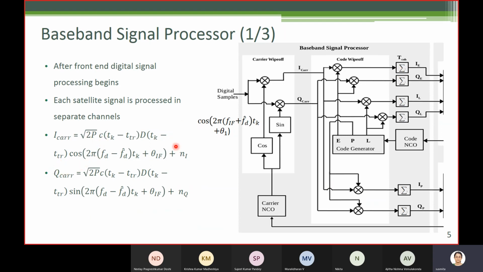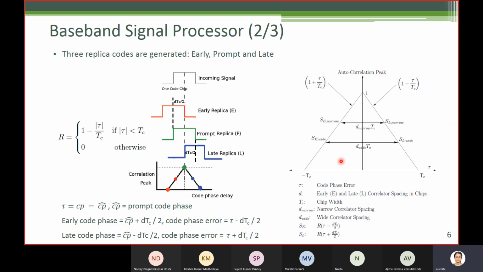Right? So we are doing correlation: correlating the prompt in these legs, correlating the early here, correlating the late here. And we already know how the correlation function looks. When the prompt is perfectly aligned, after correlation it will be here. Tau is 0, so we get this. When early is correlated, the corresponding correlation value will be here.